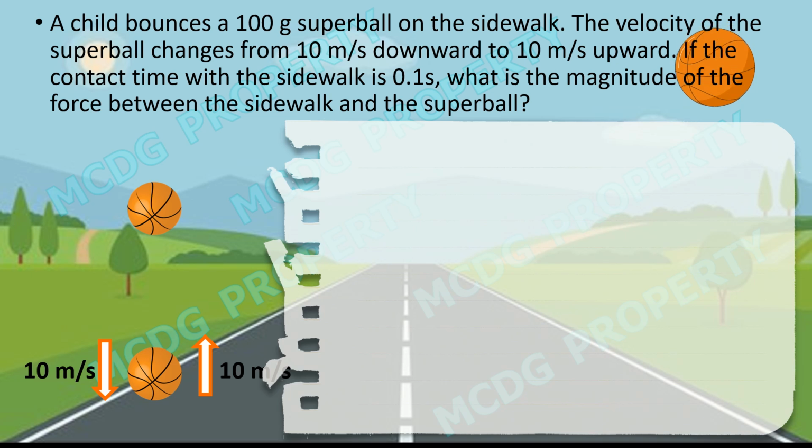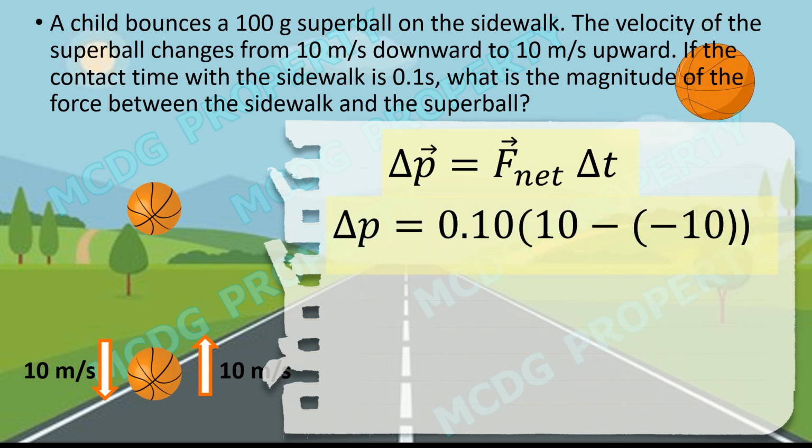Now, let us find the change in momentum of the ball. The change in momentum is equal to the mass, which is 0.1 kilogram, times the quantity Vf, which is positive 10, minus the initial velocity, which is negative 10.